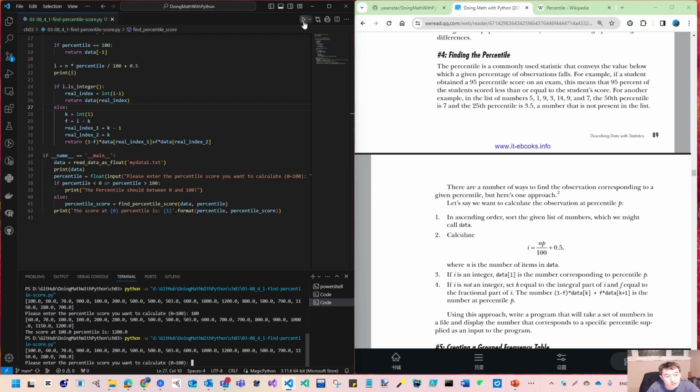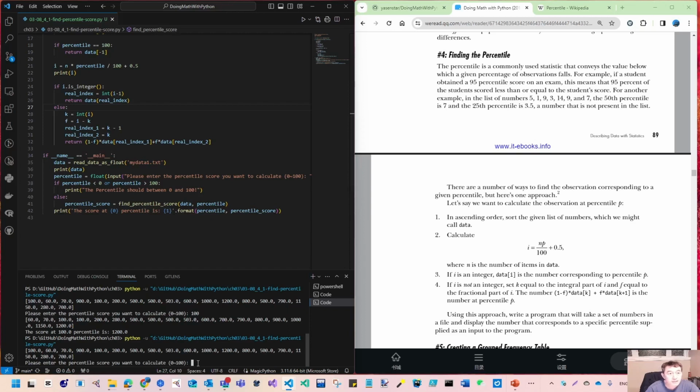But have you read this formula? This formula is n times percentile. If I say now it's 90%, it's 90 divided by 100, so that is 0.9 times n, plus 0.5. So what does that mean?